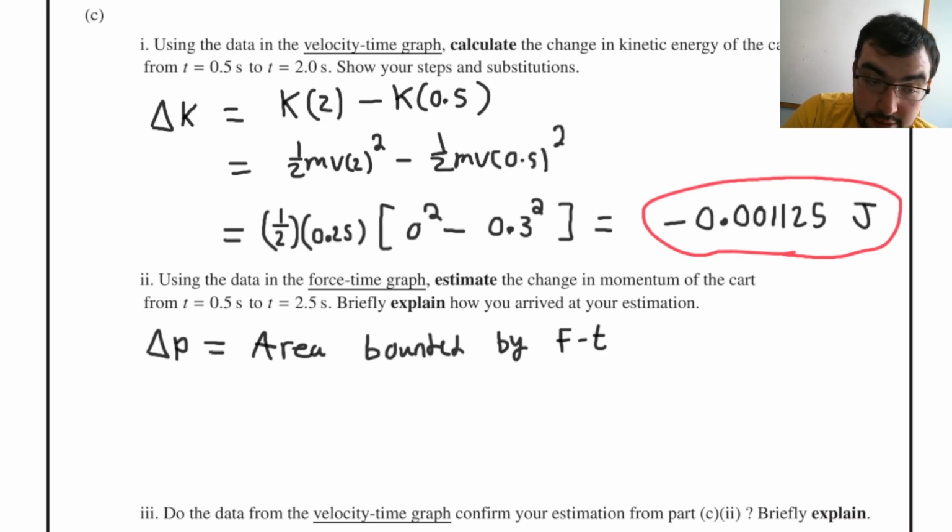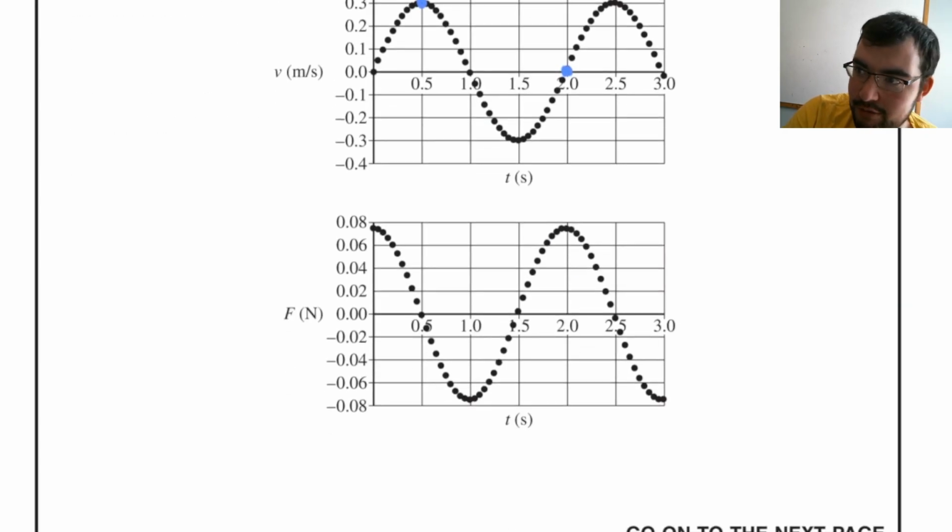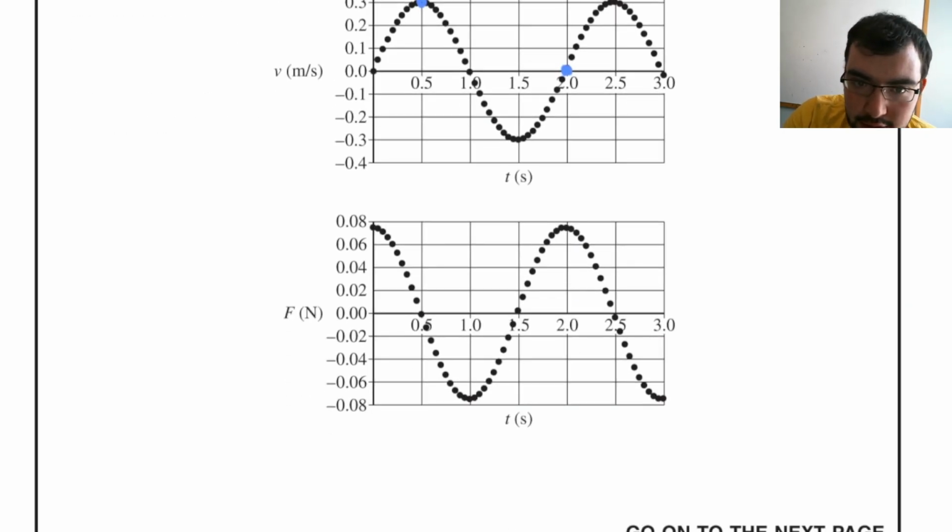So let's see. Since it's an estimated area, it's either something we can get by counting boxes, or it's obviously 0. Let's see which case we get, because they're probably not going to make us really count boxes. So hopefully we got some symmetry here. 0.5 to 2.5. And oh look, it's symmetric. Thank you, College Board.